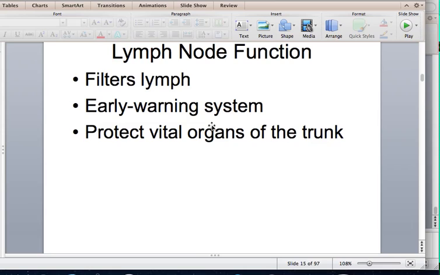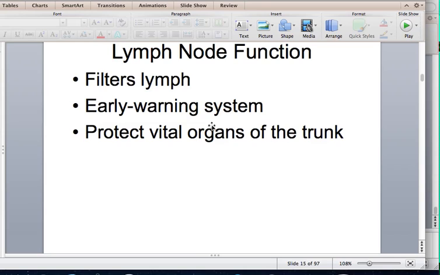The early warning system, this is what we're meaning here, is that abnormal antigens or abnormal chemicals that are on the surface of bacteria and abnormal cells will stimulate the macrophages and lymphocytes in nearby lymph nodes, and they'll send chemical messages to one another.